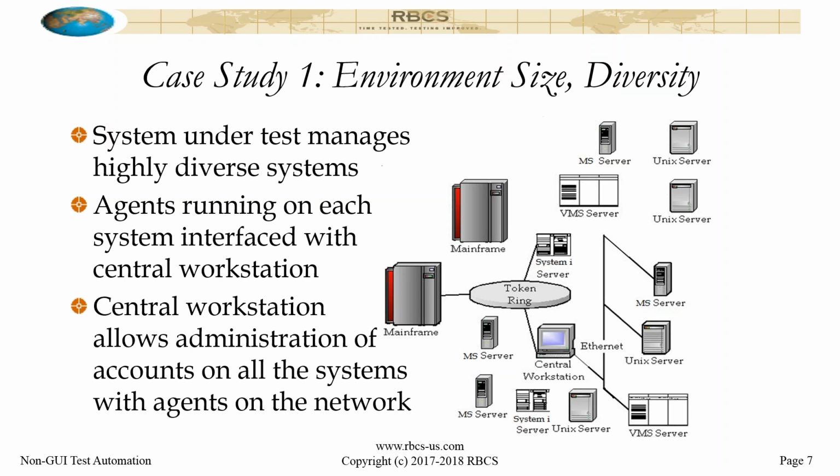So this is built to allow administration of accounts on different kinds of systems. And there's a central workstation that talks to what are called agents that run on each one of the systems. And that central workstation allows you to do things like add accounts and delete accounts and monitor the servers and so forth.